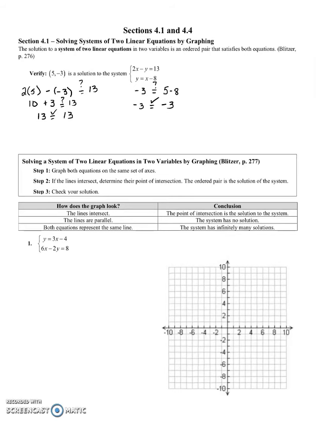So since it worked in both equations and we ended up with identities, that means that (5, -3) is a solution to the system of equations.